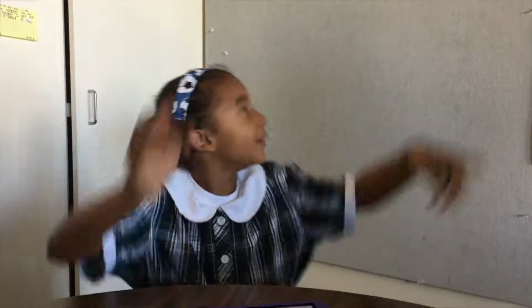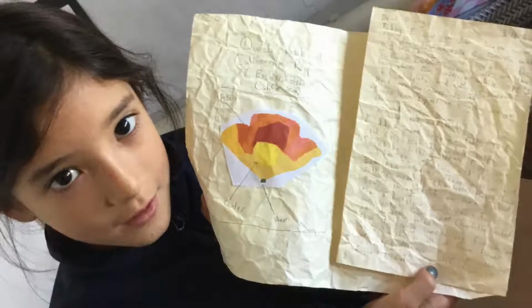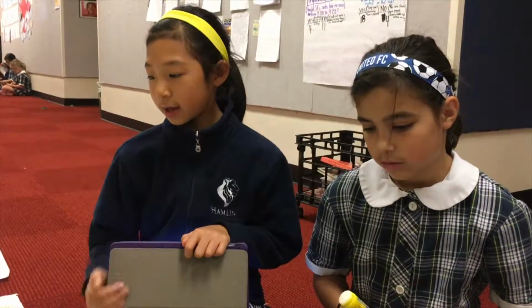Well, we're doing the flora and fauna. Flora and fauna is animals and plants. Well, I love animals. Almost everybody here loves animals and plants. I guess I just really like flora and fauna, and I'm really passionate about animals and plants. It helped us learn.